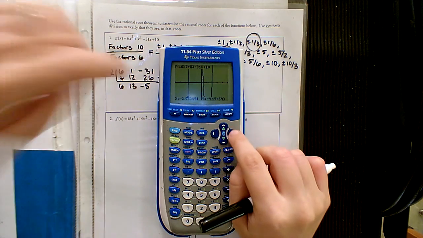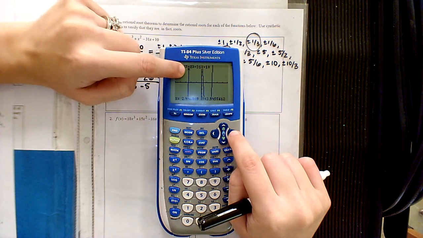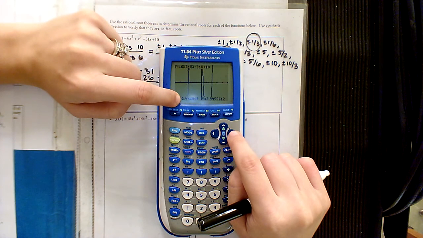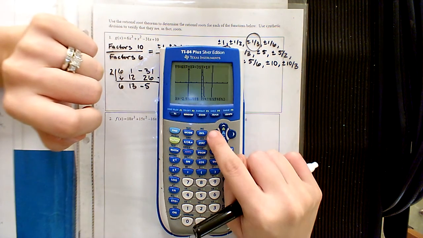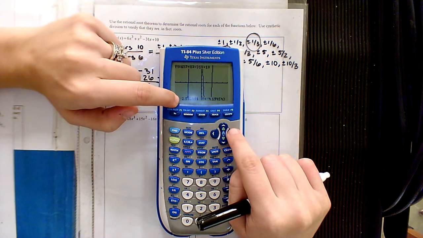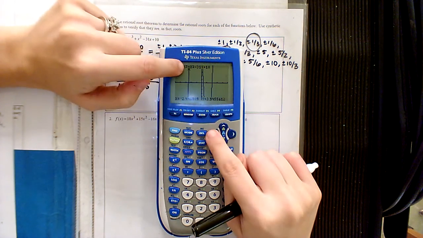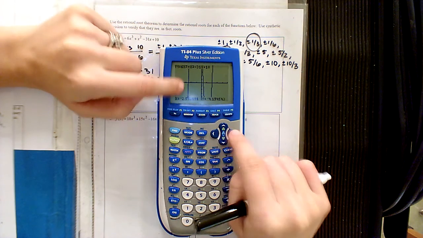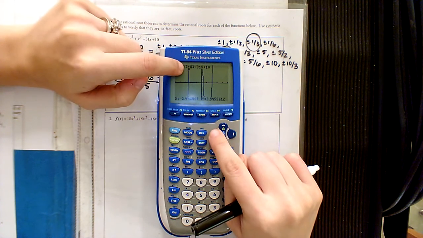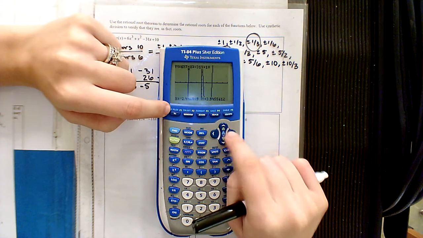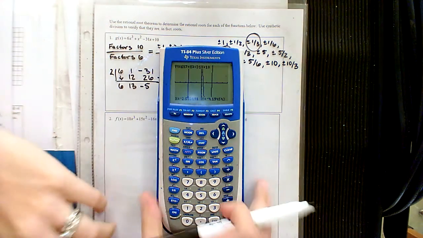All right, this one's kind of difficult, at least with the window I have. So when my cursor's up here, I'm at -2.45, and if I hit my arrow one more time, I'm at -2.55. So do we have an x-intercept somewhere between those two numbers? -2.45 and -2.55.